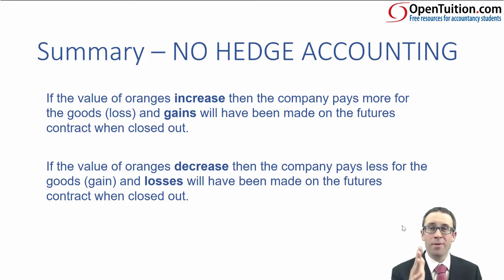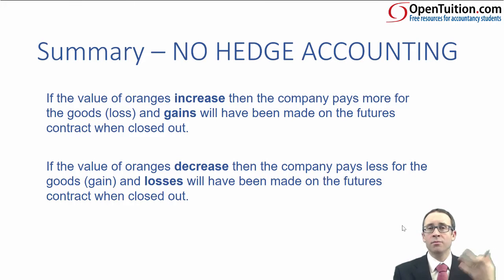The risk is that the price goes up. So if you place your bet and say, look, I bet that the price will go up, this is where the magic happens. Because if the price goes up, okay, you've got a loss on the purchase of the oranges, so a loss on the item, but you win your bet, okay, because you placed a bet on the prices going up, and they have gone up.